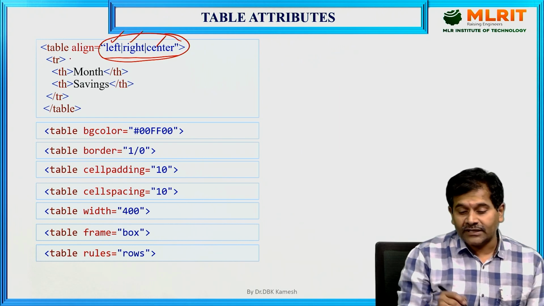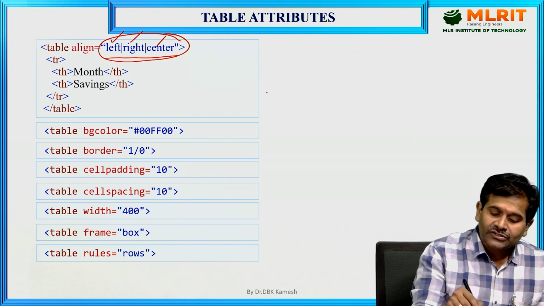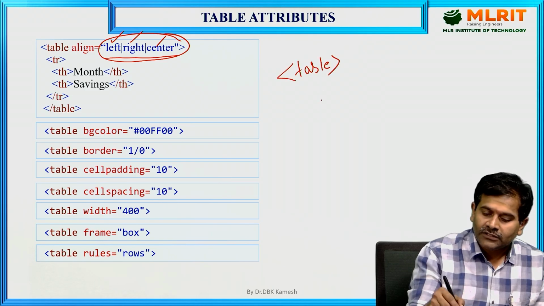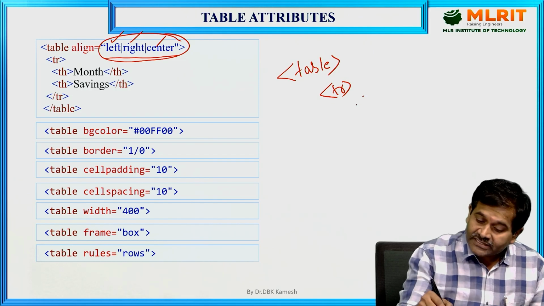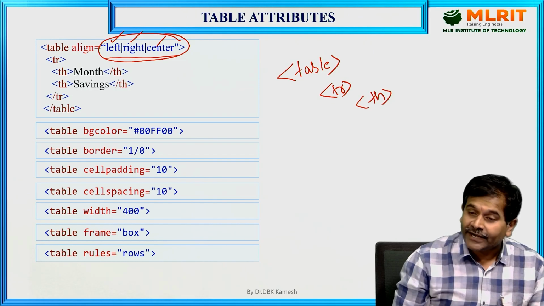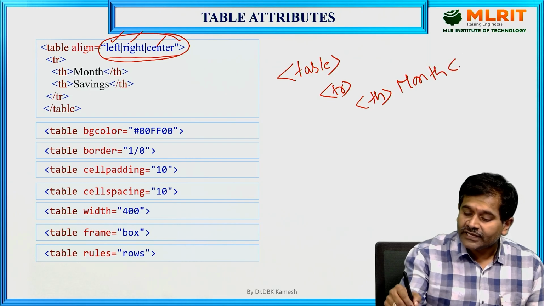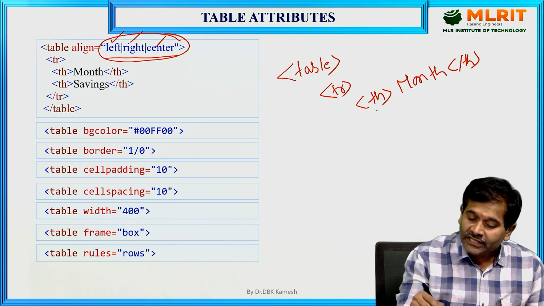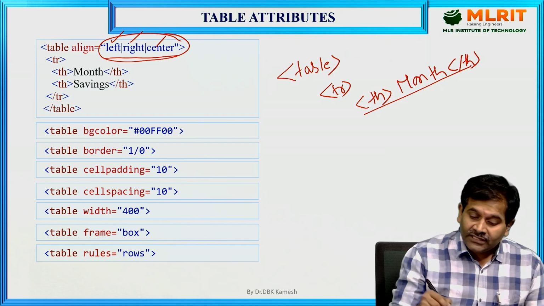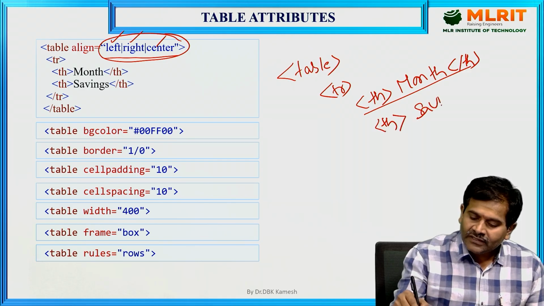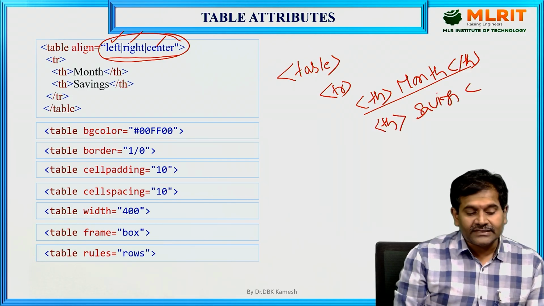As you were told earlier, first you need to write the table, and inside the table the table row, which is the TR. Inside it you write the table header, TH. The first header is month, followed by another TH, savings.